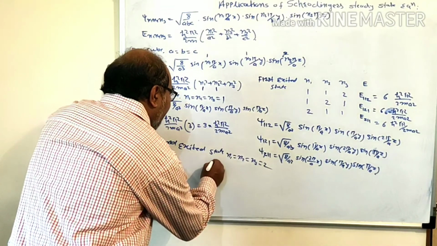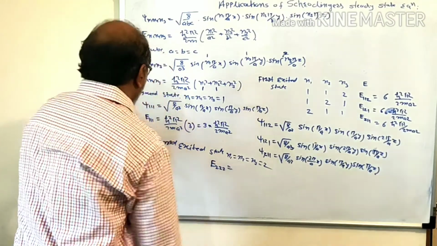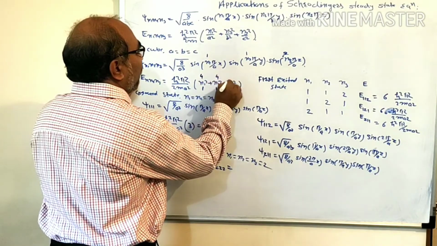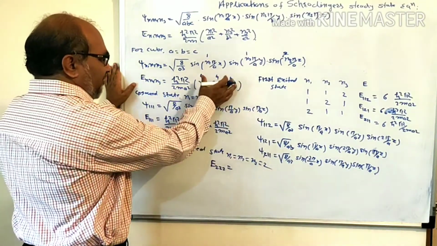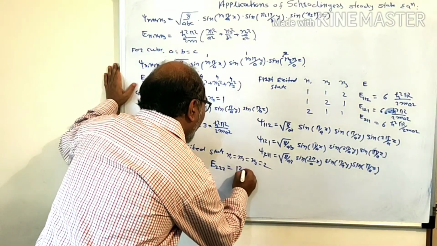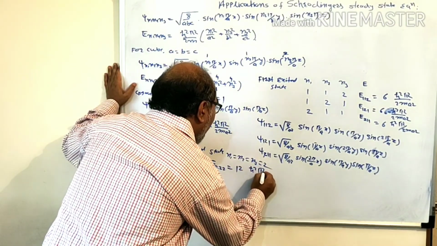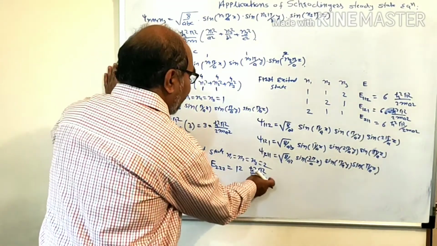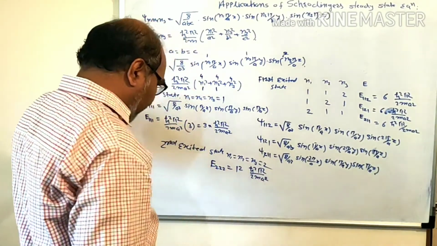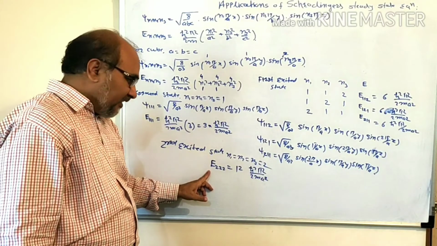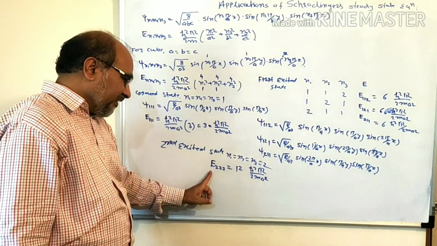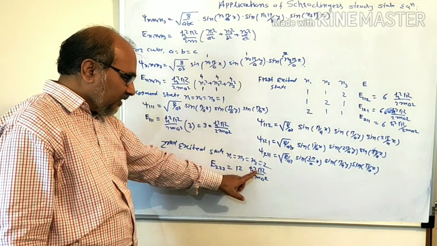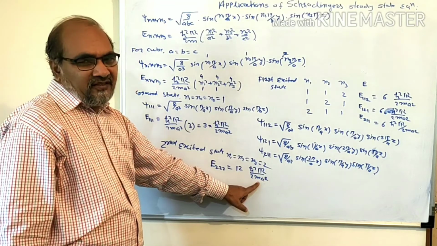So E222 is equal to, here 2 square is 4, 4, 4, so the total is 12. This is equal to 12 h bar square pi square divided by 2m a square. Therefore the energy eigenvalue for the second excited state is E222 equal to 12 h bar square pi square divided by 2m a square.